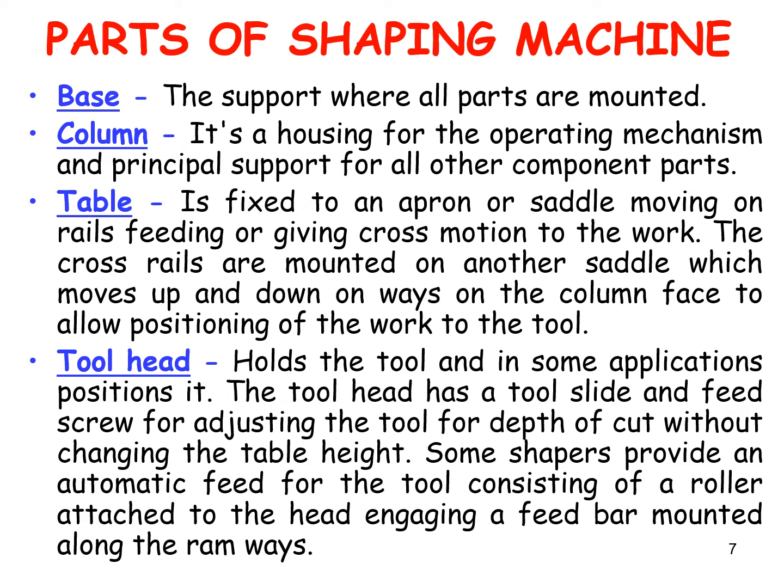The cross rails are mounted on another saddle which moves up and down on ways on the column face to allow positioning of the work to the tool. The table is mainly used to hold the workpiece and it can be adjusted up and down for the work process.